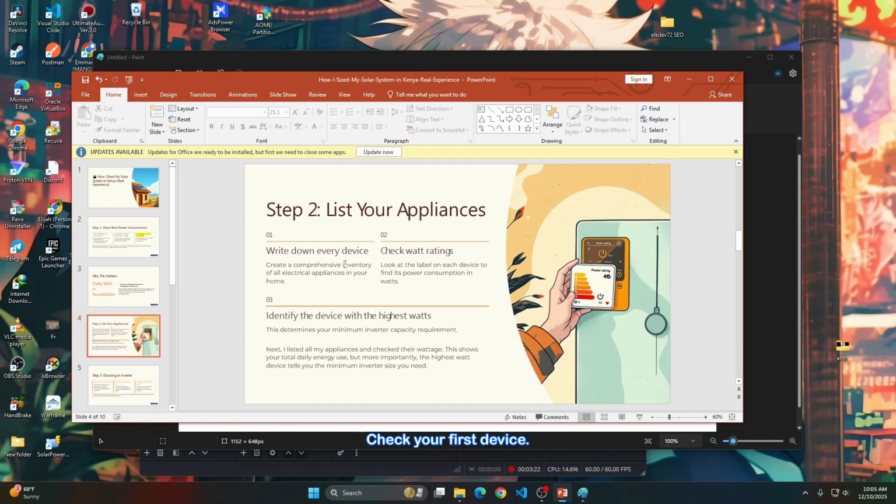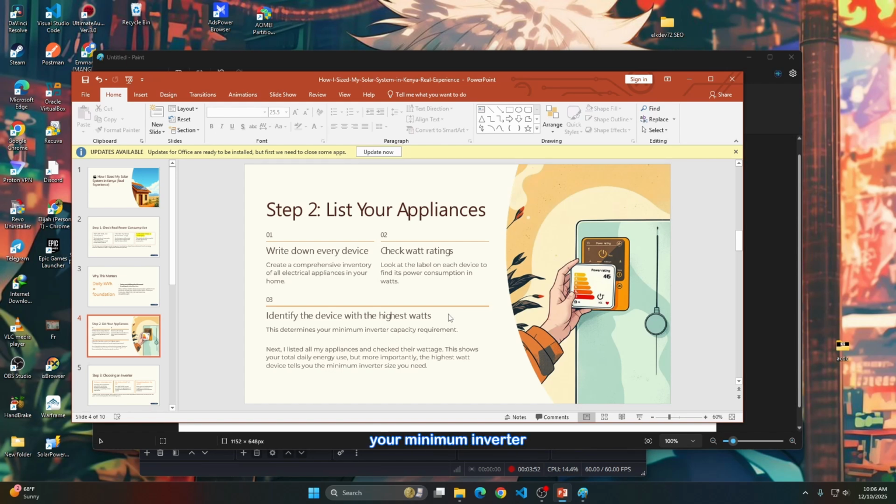Check your first device. If it's a TV, get its manual and check how many watts it consumes. If it's a PC, check the power supply, how much it supports. All the appliances, write them down in a list. We want to determine the highest wattage.